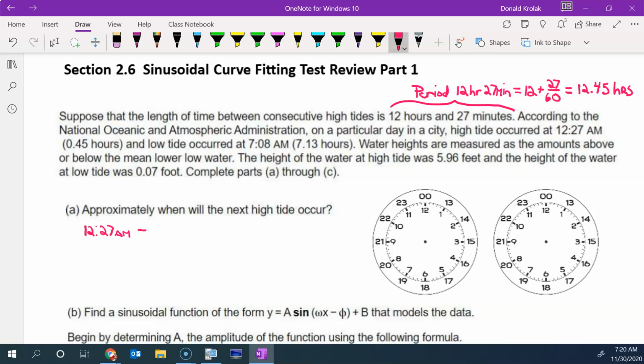So we're going to add to that another 12 hours and 27 minutes, because that's the period. And then write out what that time would be.